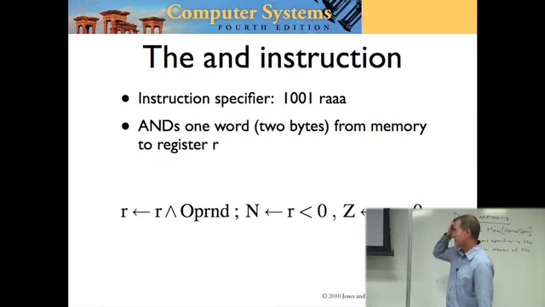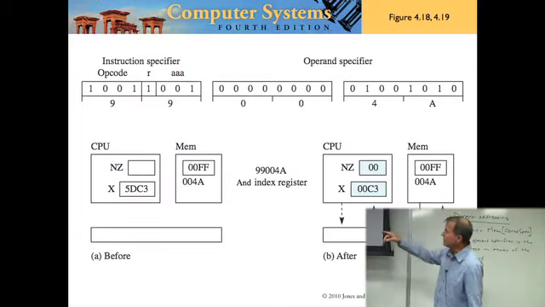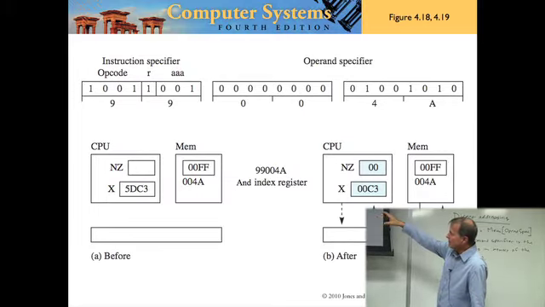Here is the AND instruction. So what does this do? R and the operand. It's a bitwise AND. The opcode is 1001, and we got 1 for the register field, so we're going to AND the content of memory with the index register because R is 1.